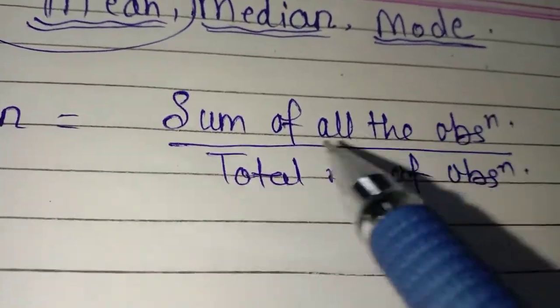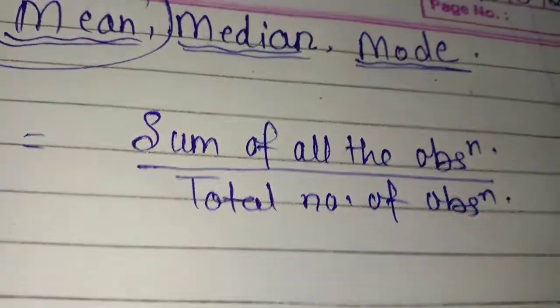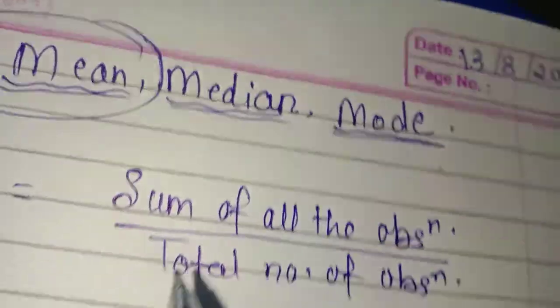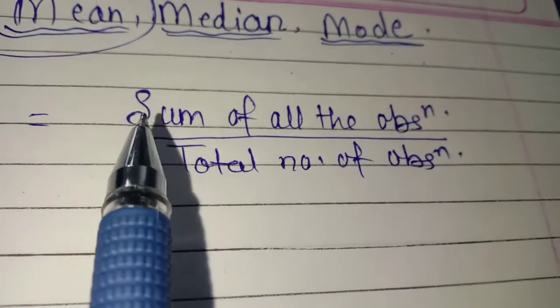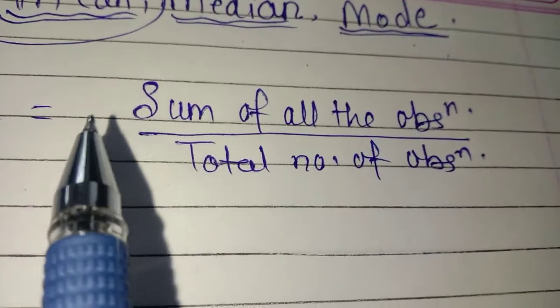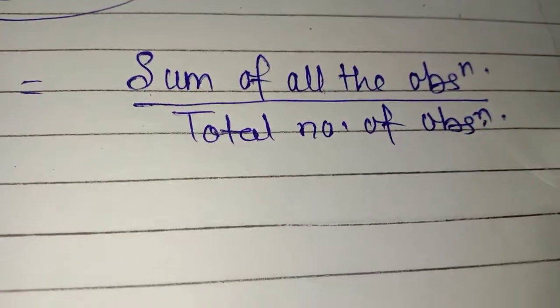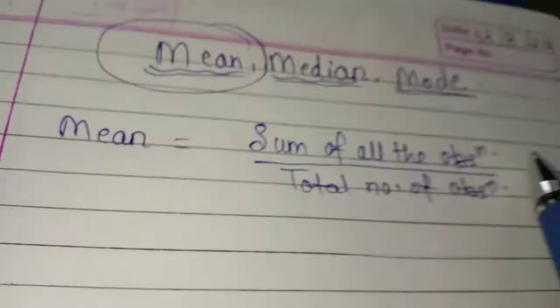We should be very careful while counting the number of observations, because sometimes an observation is missed out, and then the value becomes wrong. So always keep concentrating when you are counting. And their sum is also very important, which I will explain while solving the numerical.